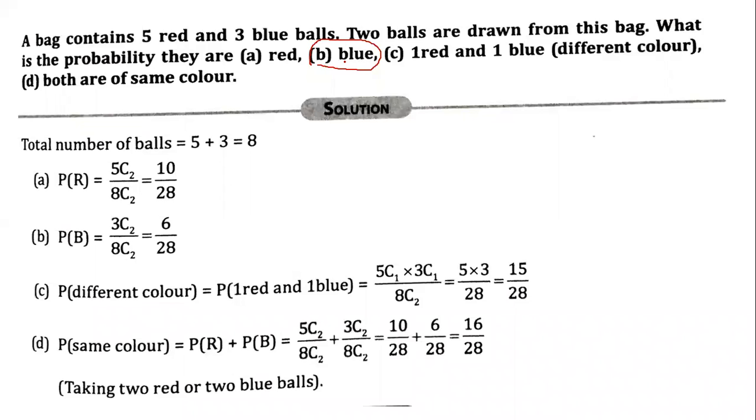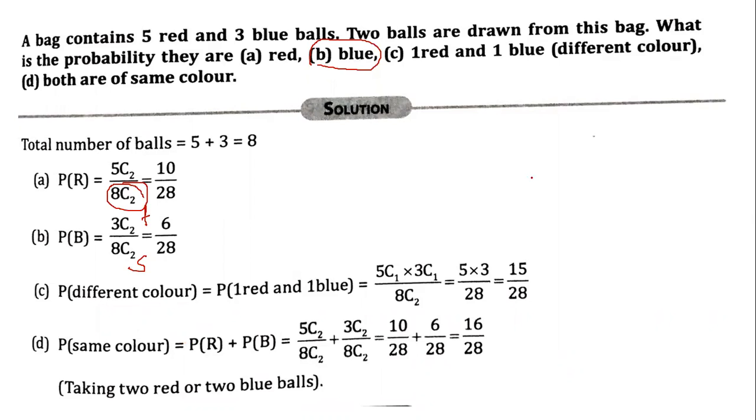How many total blue balls are there? There are 3. Out of that, 2 is being selected. That will be our favorable events. Now what is the sample space? Sample space is total number of events, so everywhere the sample space will be 8C2.